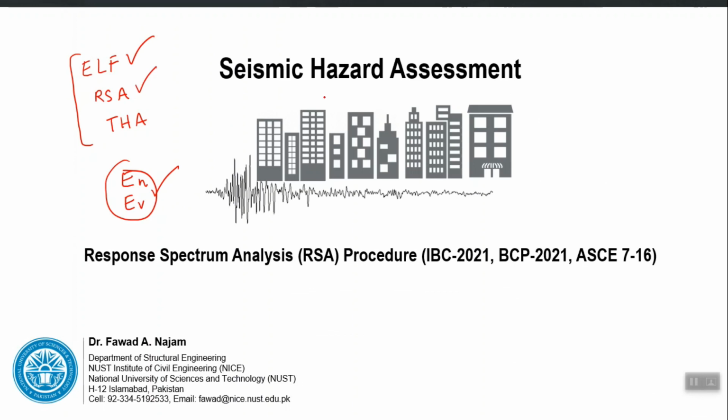RSA is conceptually more superior. It is based on the idea that we should not only apply one fixed load pattern in a kind of triangular pattern distribution to calculate seismic demands. Instead, we should consider the patterns associated with each of the vibration modes of the building. We should apply a pattern which is proportional to the vibration mode shape of the building, and it should not be one pattern only.